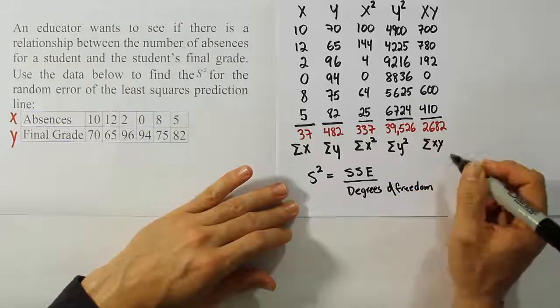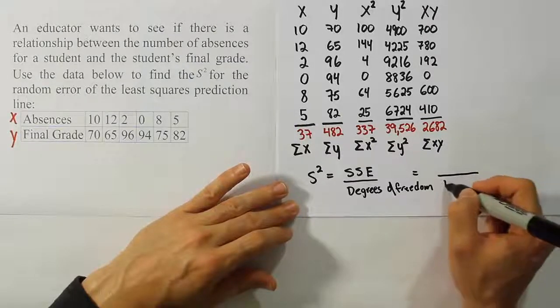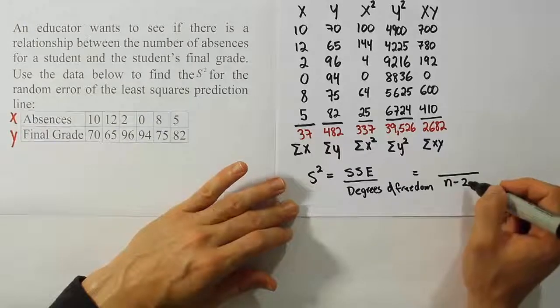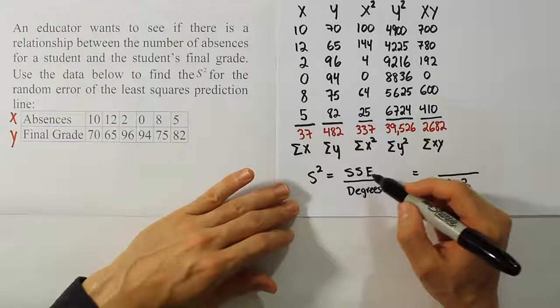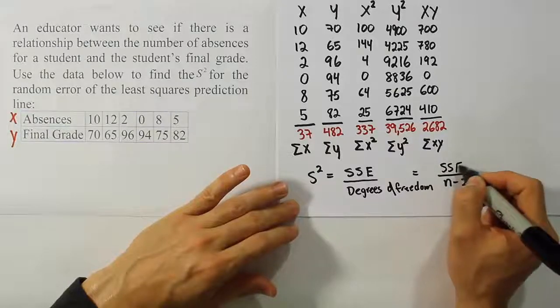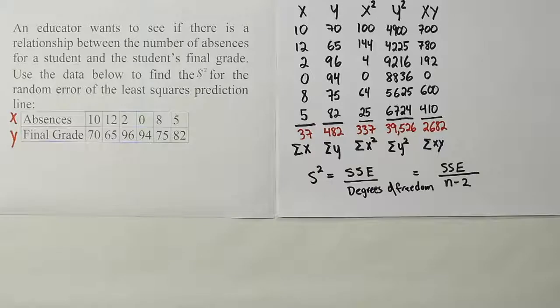The degrees of freedom for this problem turns out to be n minus 2, because we're going to be estimating 2 parameters with the data, so n minus 2. And the sum of square error value, we're going to discuss in a moment to see how to calculate that. But essentially, that's the formula for S squared.